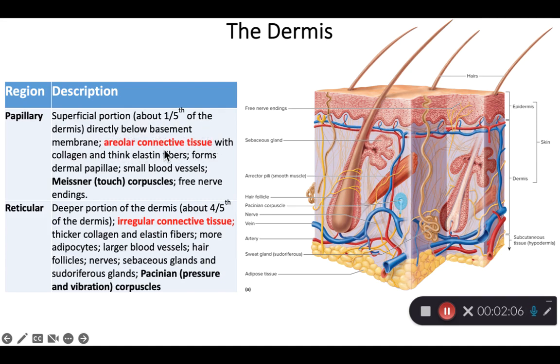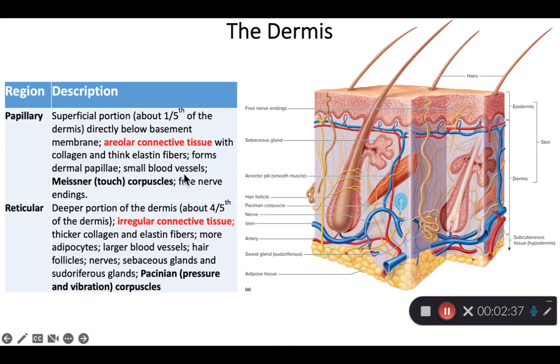I'll remind you that areolar connective tissue is going to have a little collagen in there, a little elastic fibers in there, a little of those protein fibers. And areolar connective tissue is almost always beneath an epithelial tissue. So if the epidermis is epithelial tissue, just below it is areolar connective tissue. It forms those dermal papillae, those little projections up into the epidermis.